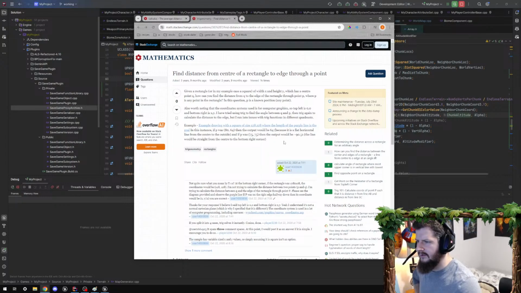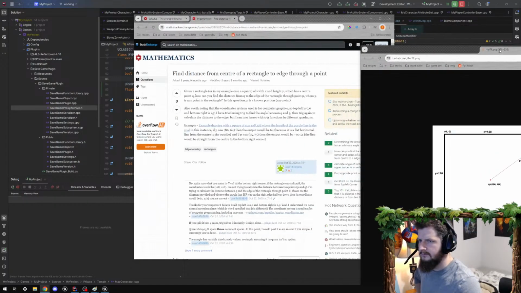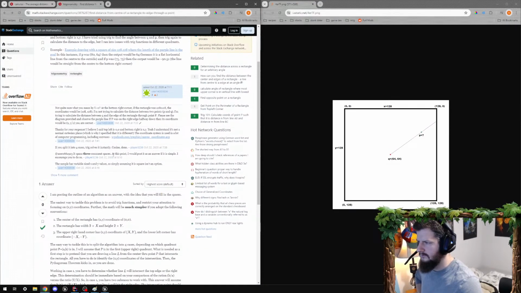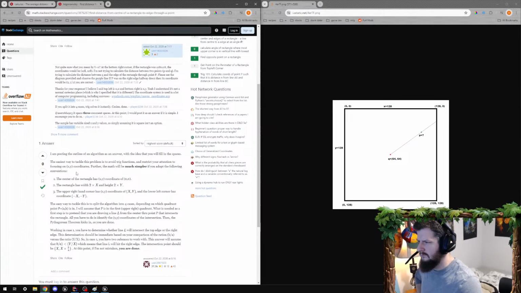That looks closer to what I want. Center of the rectangle has xy coordinate of 0, 0. Has width 2 times x and height 2 times y.